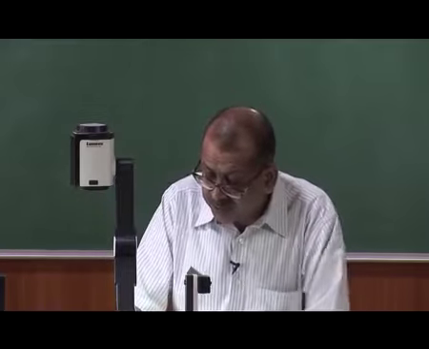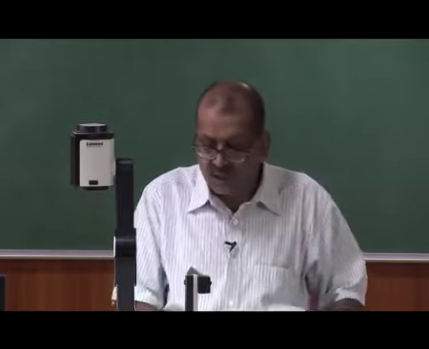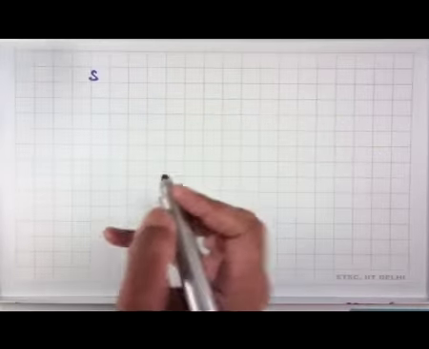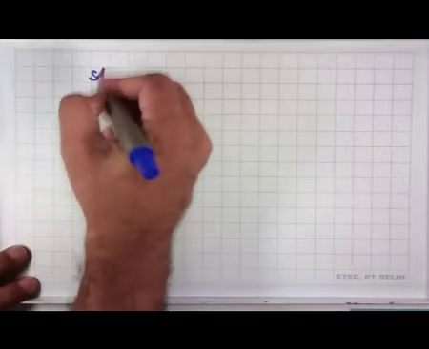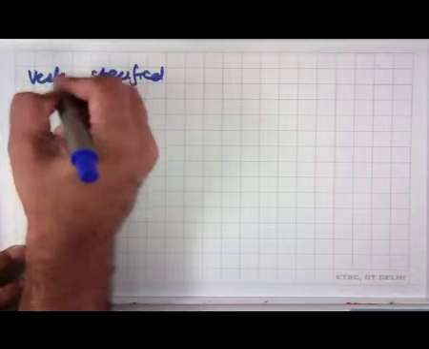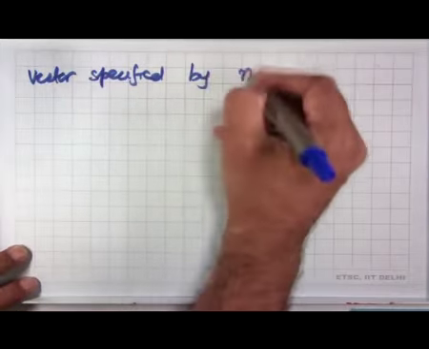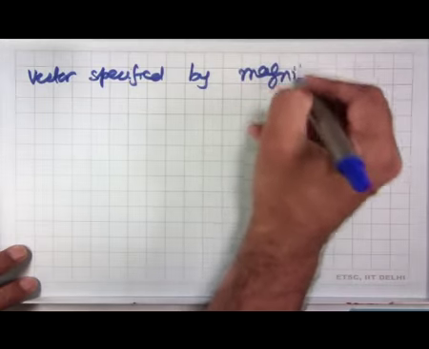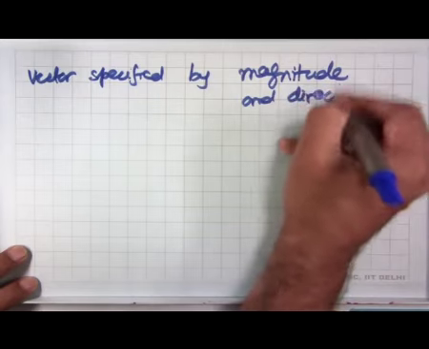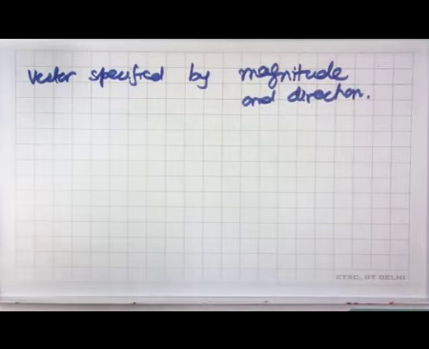A vector has two attributes, a magnitude and a direction. Therefore, a vector is specified by its magnitude and its direction, and there are many ways of doing this which we will show.